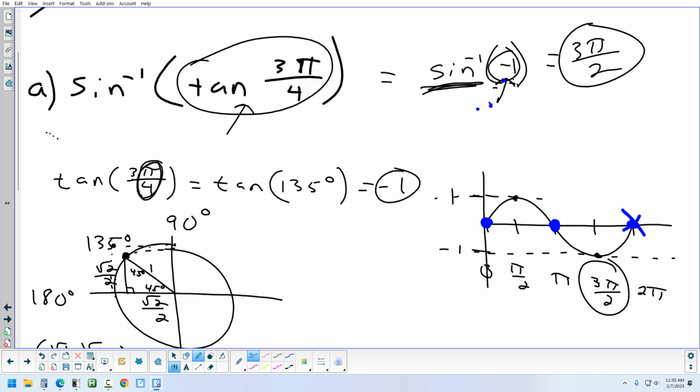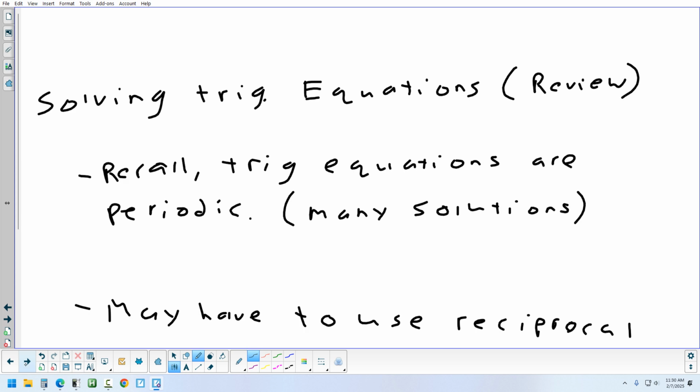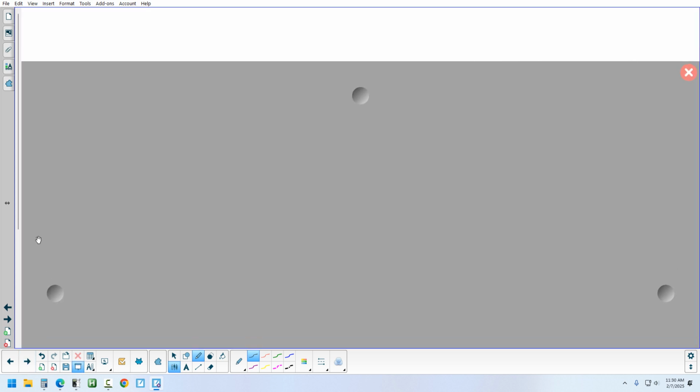All right, so the last thing we're going to do is look more at that kind of thing, solving an equation. If you draw a wave and a horizontal line, what are the different options in terms of how many times they cross?